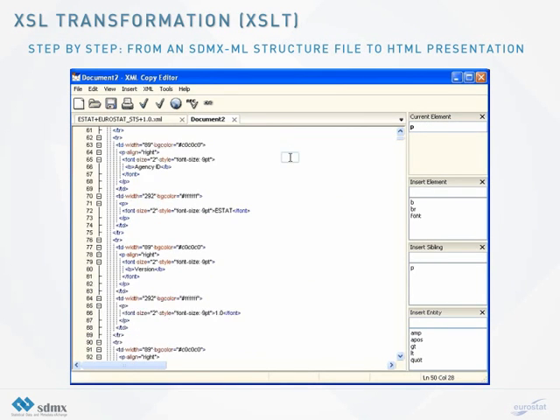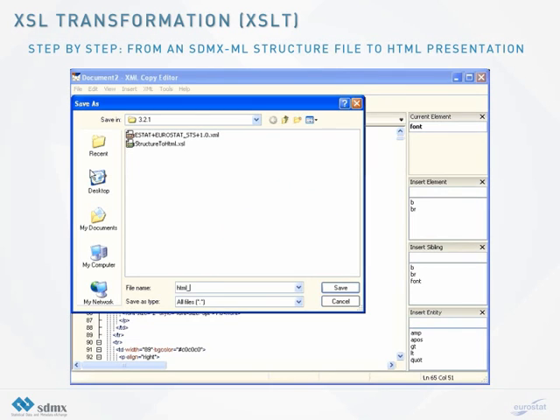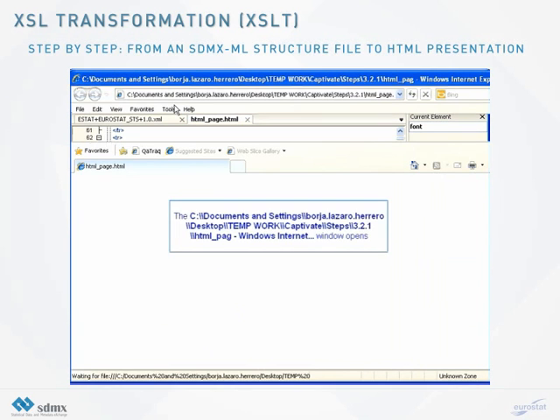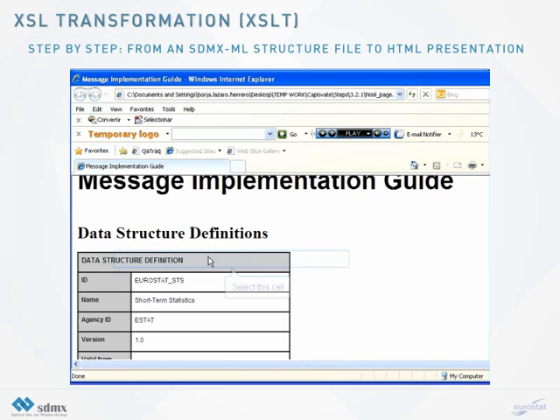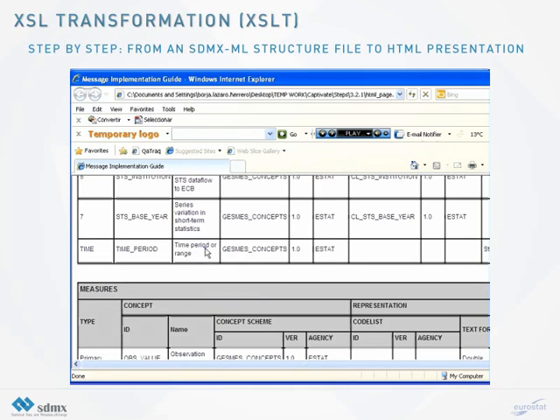We save this new document as an HTML page. Once it is saved, we can open this new HTML file in any HTML browser to see the results. We can access the information of the SDMXML structure file in a user-friendly format.